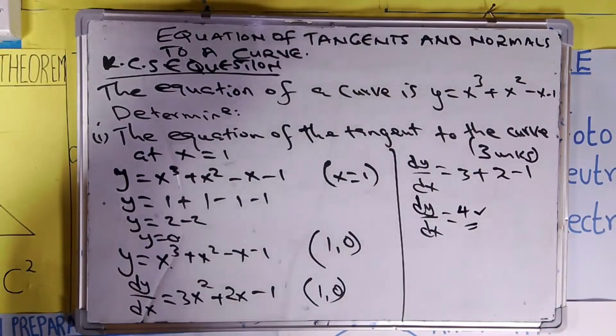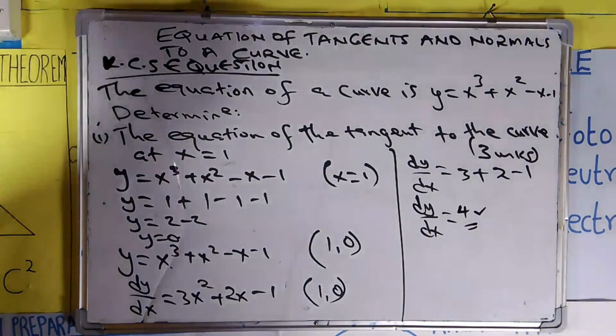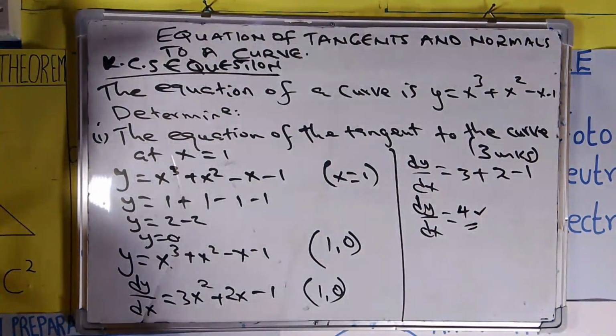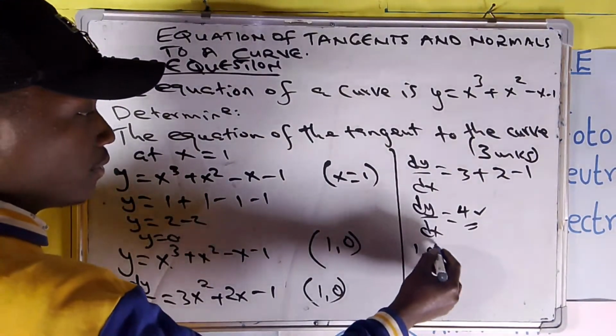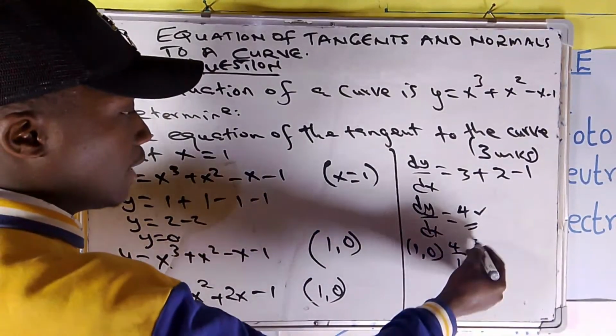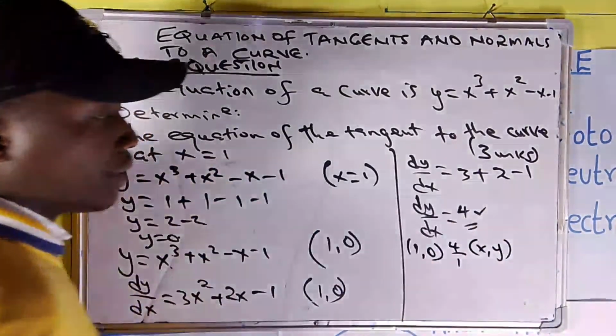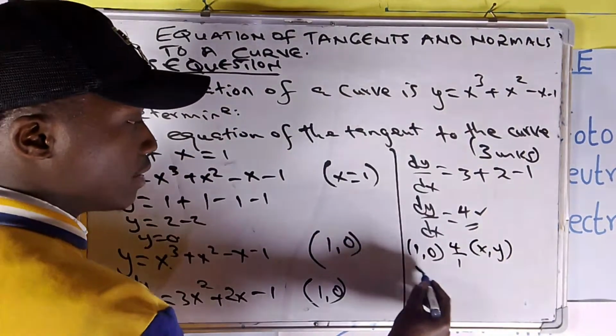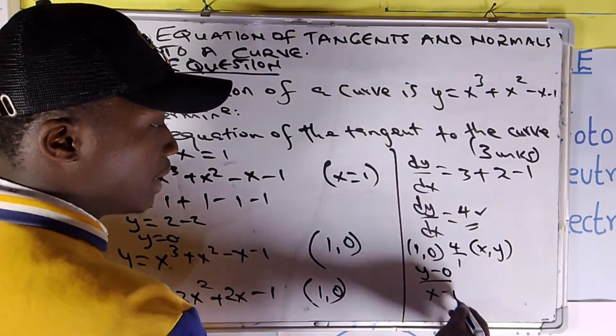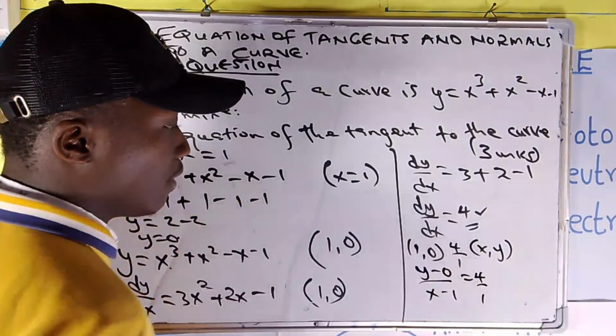After getting the gradient, we now need to find the equation of the tangent. How do we find it? The coordinates are (1, 0), the gradient is 4 over 1, and the arbitrary points are x and y. So we take y minus 0 over x minus 1 is equal to 4 over 1.